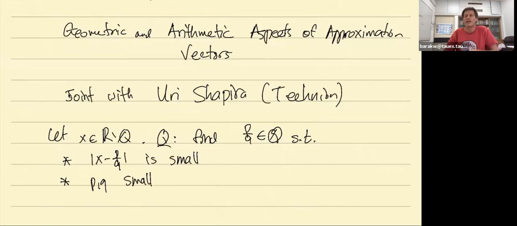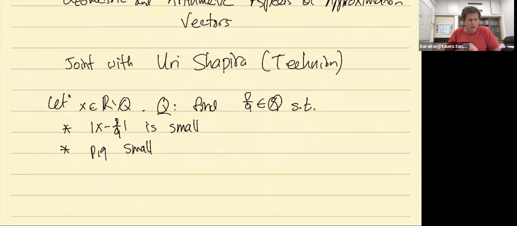So there's obviously a tension. The larger P and Q, the denser and denser the rationals become. And we're trying to quantify this.